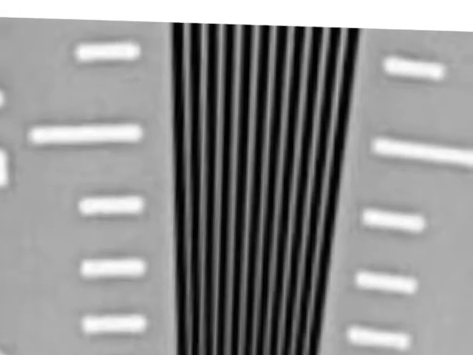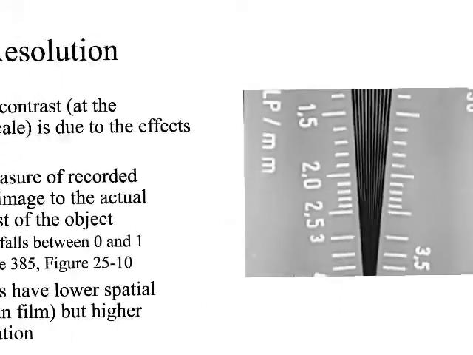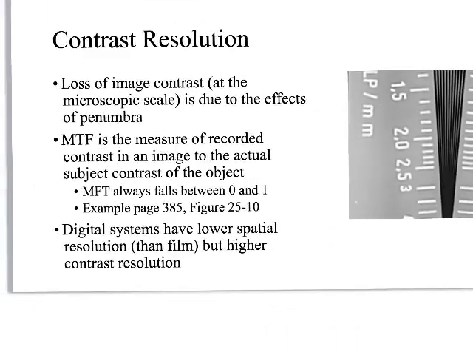So up here I can see some white, but as I go further down, I'm starting to see just gray between the black lines. That point is the point where we've lost contrast resolution, right? And that loss of contrast resolution at this microscopic scale, I've had to zoom in really closely to look at it. And y'all have seen that technique in your labs as well, where I've zoomed in and said, okay, what can we still see when we zoom in?